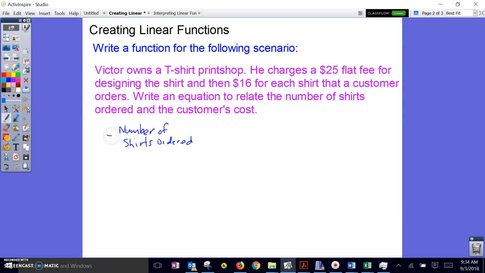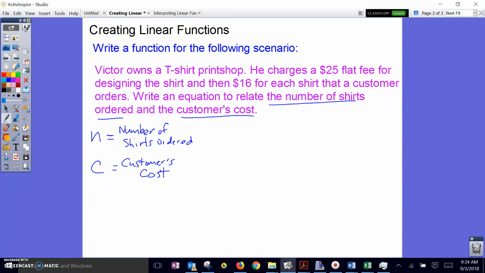And the other variable is the customer's cost. We'll assign C for cost and N for the number of shirts ordered.